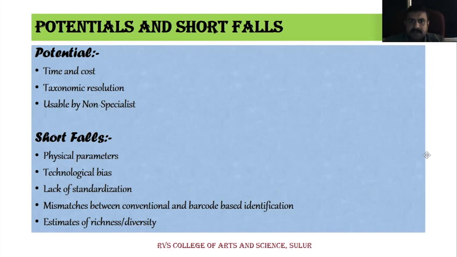I don't think we should go for a debate on this score. We are not here for an open debate on whether it is conventional or barcode. And how the richness and diversity of this scheme can be estimated, all that has to be debated and discussed.